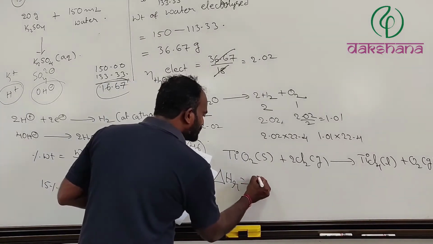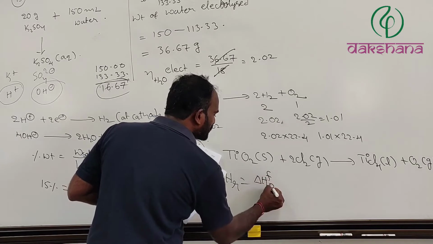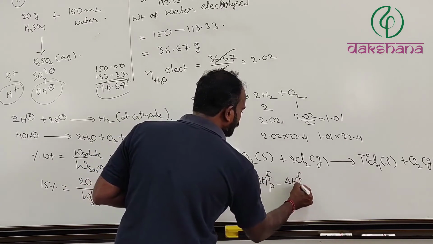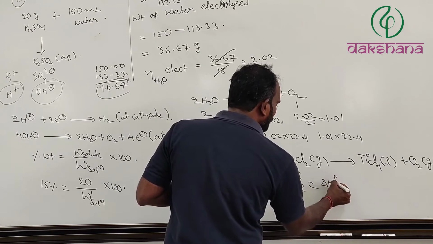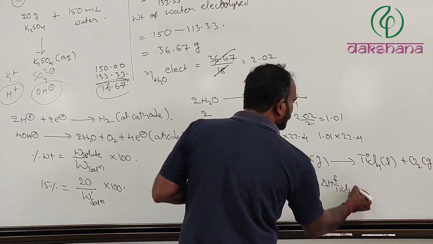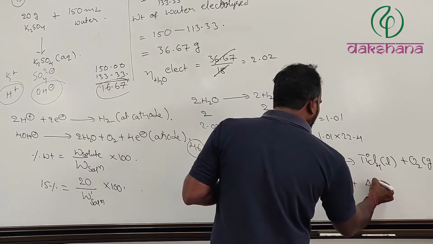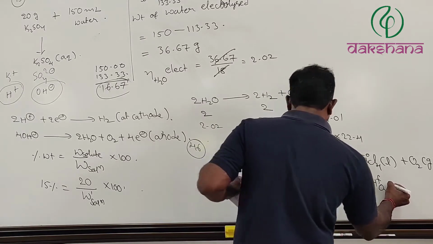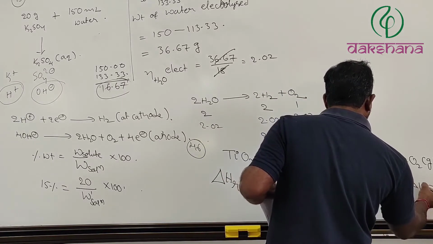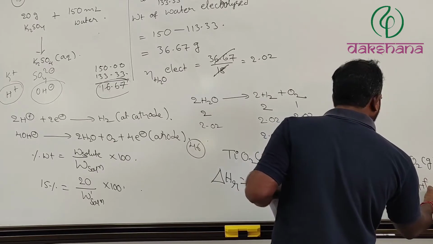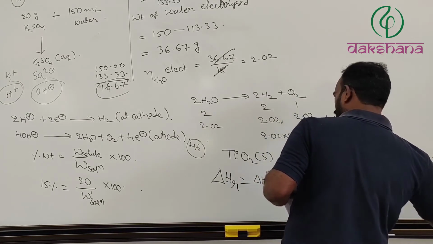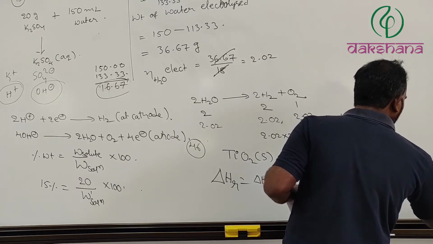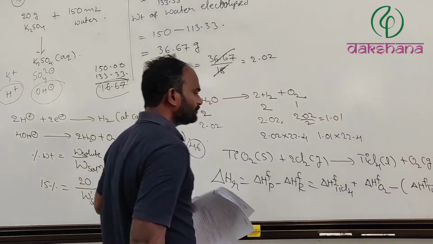Change in enthalpy of reaction is equal to enthalpy of formation of products minus enthalpy of formation of reactants. That is equal to enthalpy of formation of TiCl4 plus enthalpy of formation of O2 minus enthalpy of formation of TiO2 plus 2 into enthalpy of formation of chlorine.